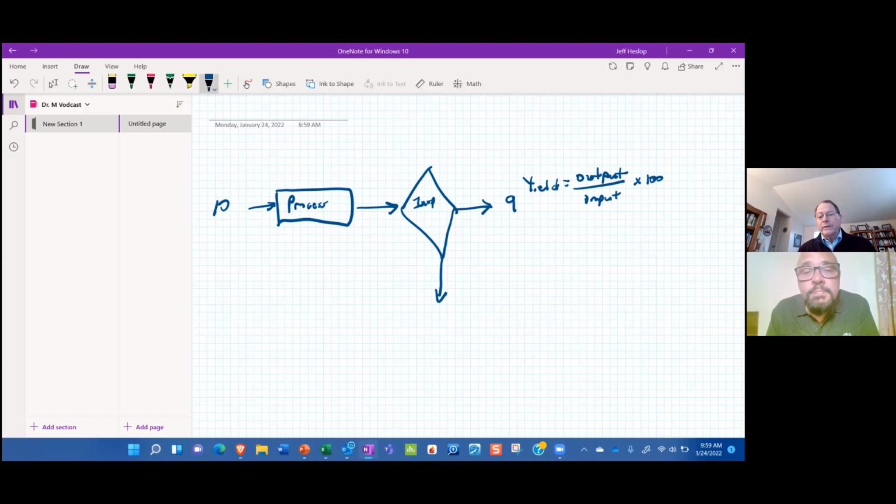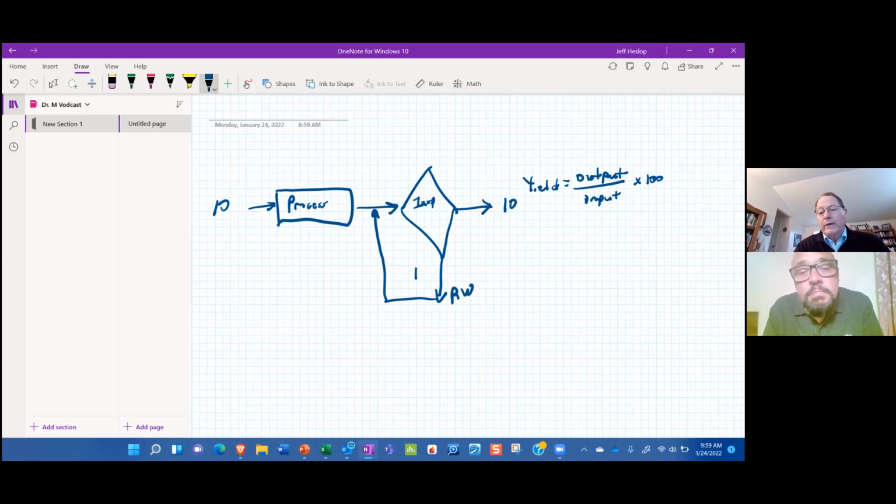I'm not going to use that particular definition of yield. So I'm going to say what we had was one of these units came out, but I did rework on it. Okay. So I eventually got all 10 of them out.